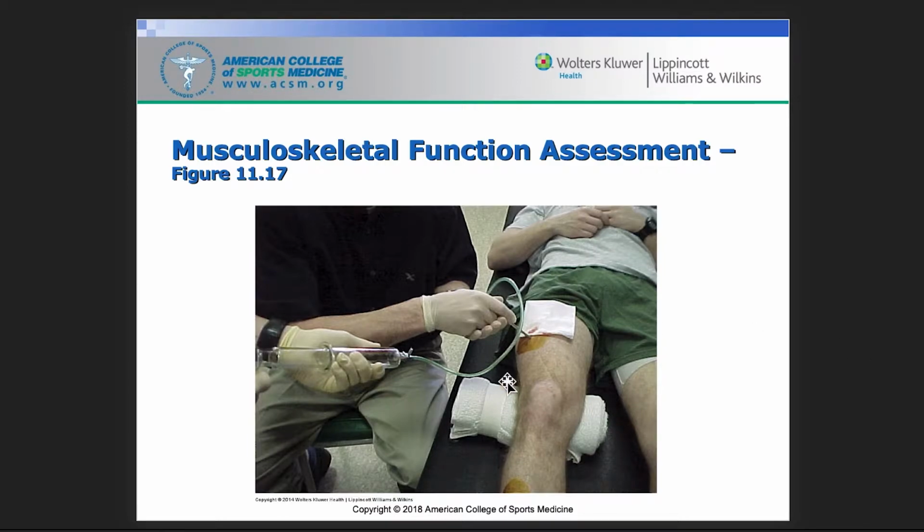And you can see in this picture, it's taking a sample of one of the quads. It's the vastus lateralis, the one on the outside of the leg. That's one of the more common places for them to take it.